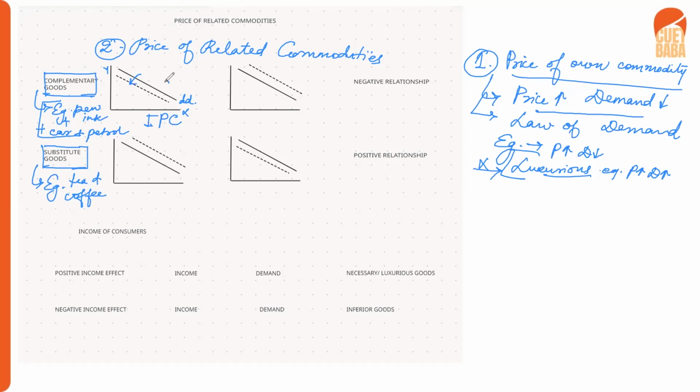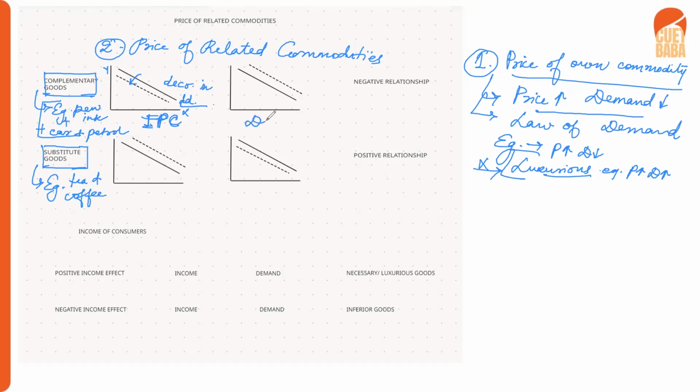Because there is a decrease in the demand for those goods. If the price of ink increases, then the demand for pen will also decrease. So with an increase in the price of complementary goods, there is a decrease in demand.